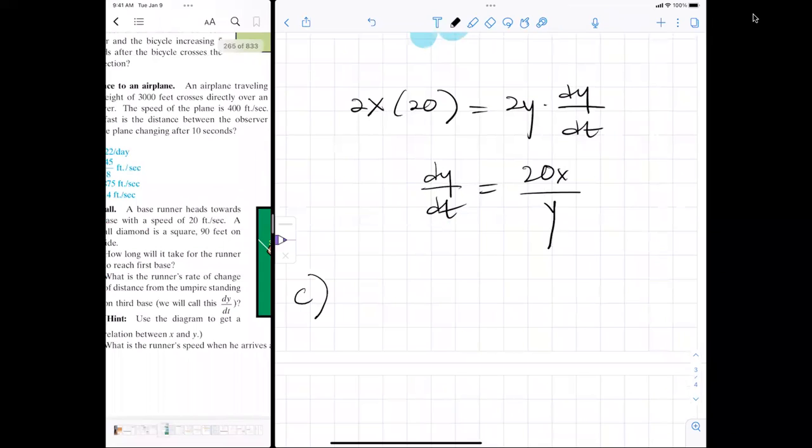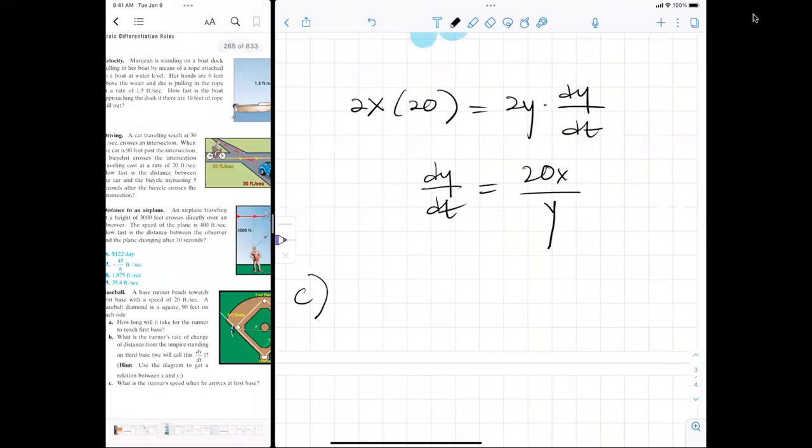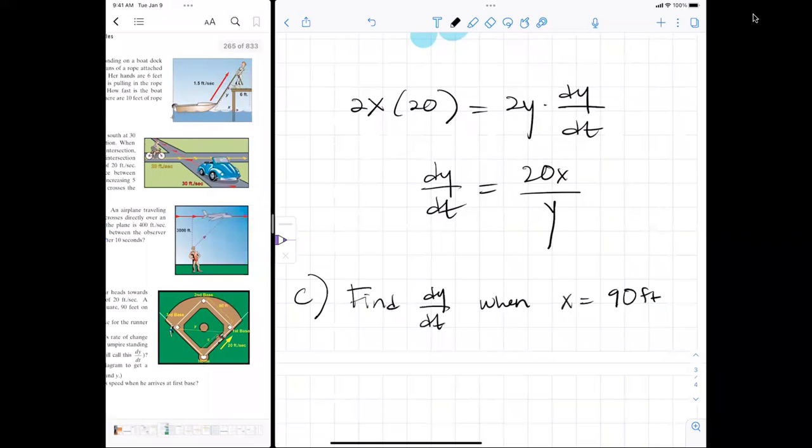Okay. So like I said, the wording in part C is funky, but what they want to know is what is the runner's rate of change of distance from the umpire when he arrives at first base. So basically find dy over dt when x is equal to 90 feet, because going from home to first base, he would have traveled 90 feet.